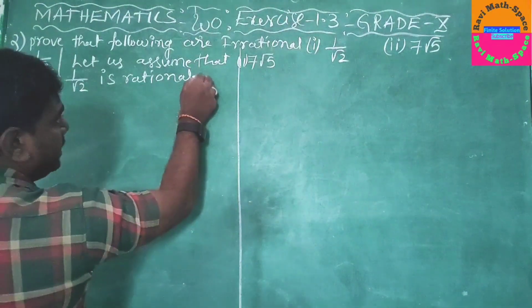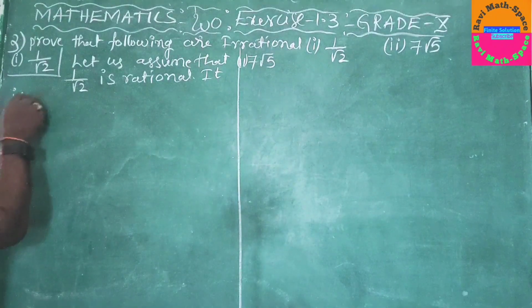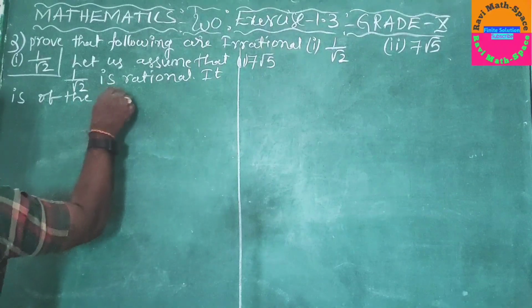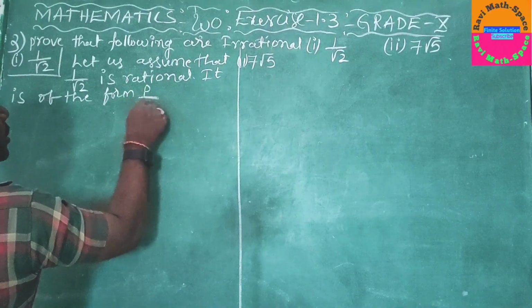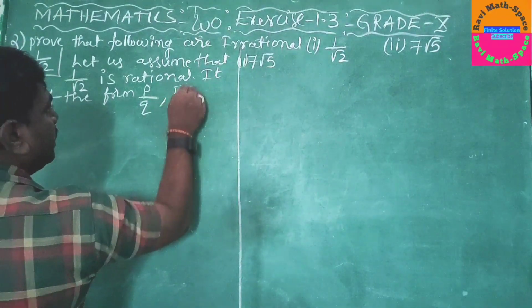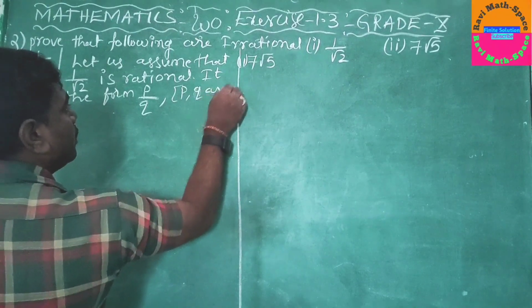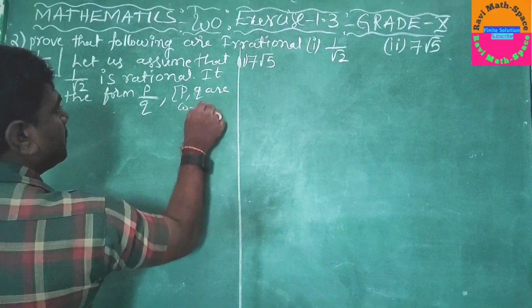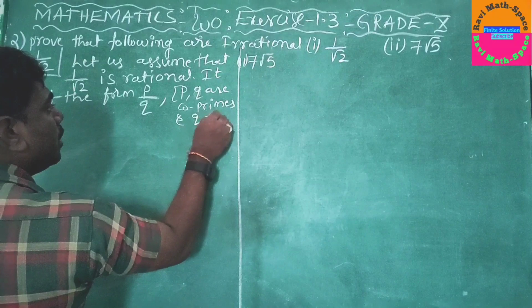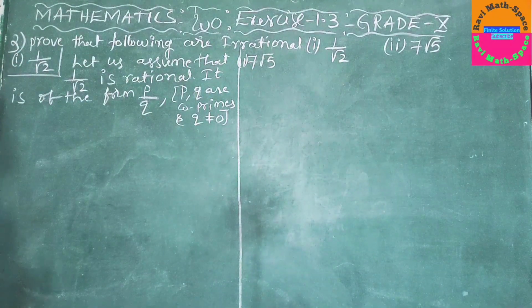When it is rational, it should be of the form p by q, where the condition is that p and q are co-primes and q is not equal to 0.